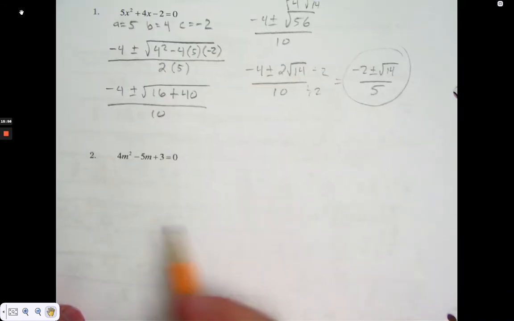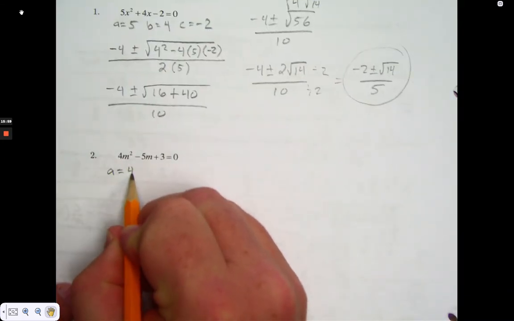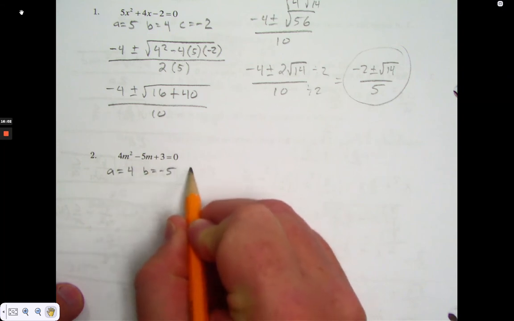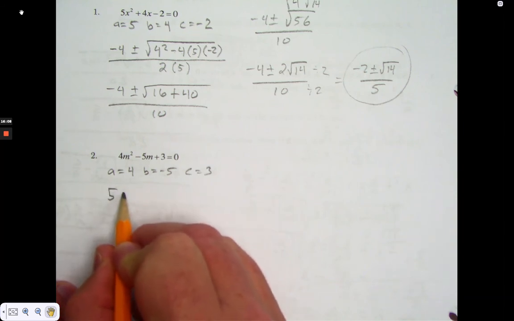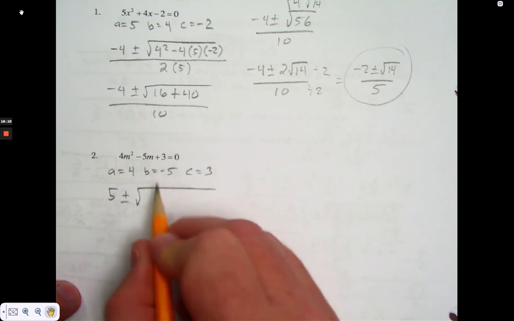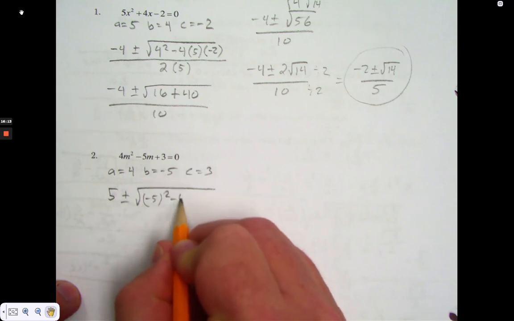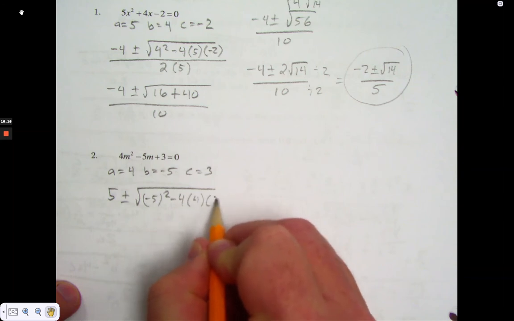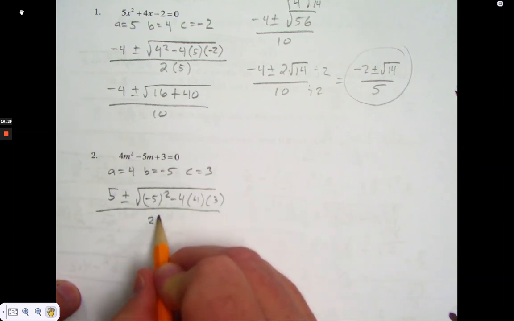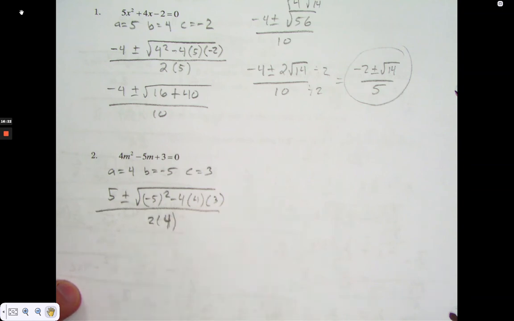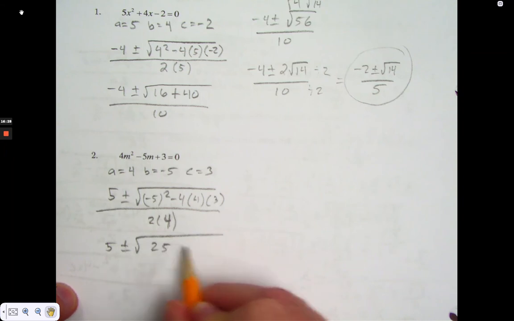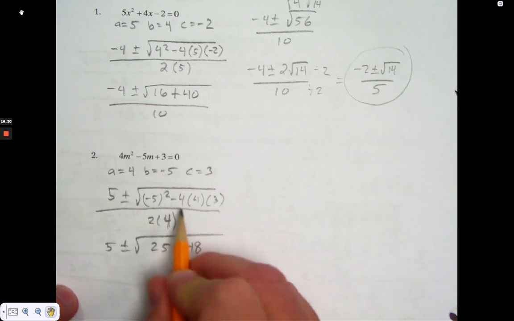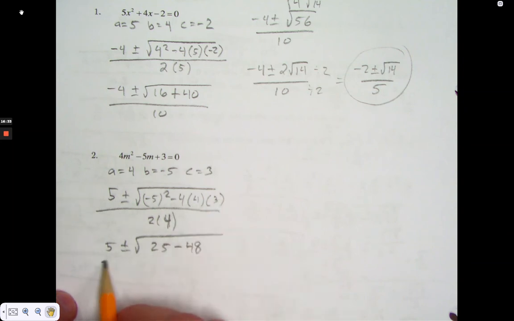For number 2, same idea. A equals 4, B equals negative 5, C equals 3. So a negative negative makes a positive 5 plus or minus the square root of B squared minus 4 times A times C, all divided by 2 times A. So 5 plus or minus the square root of 25 minus 48, because 4 times 4 is 16, times 3 is 48, all over 8.